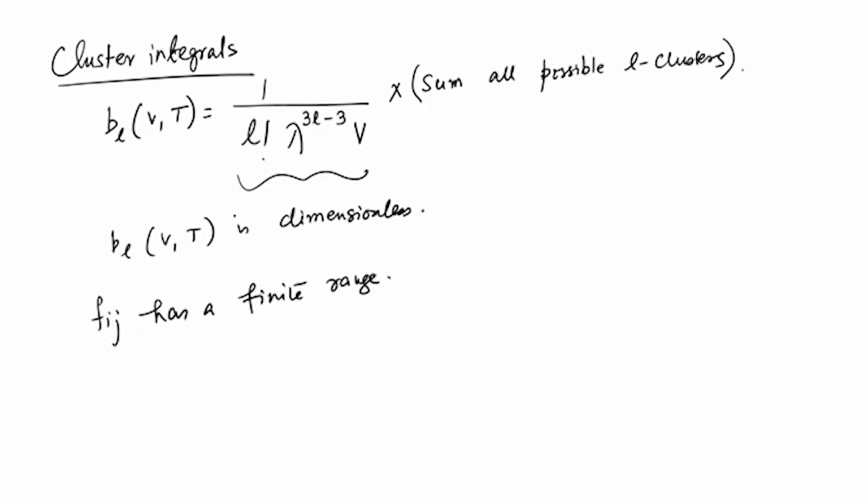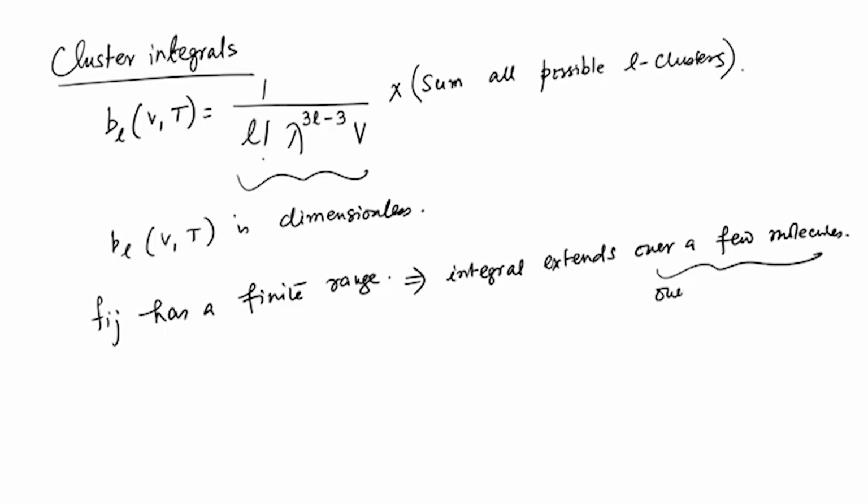Because the interaction is neighboring, or it involves neighboring molecules. So, this has a finite range. So, this integral only extends over a few sites, or if you do not say sites, over a few molecules, basically over a small range.